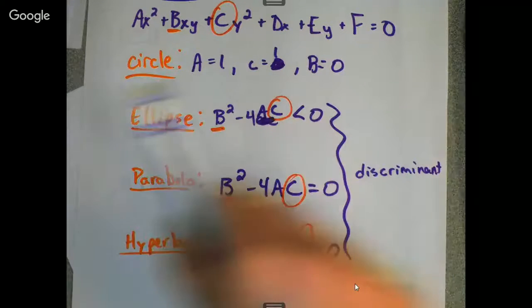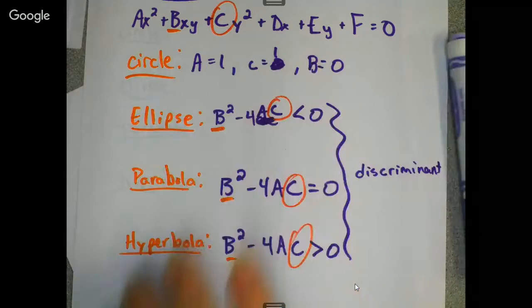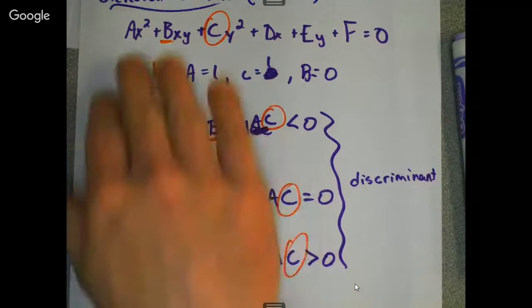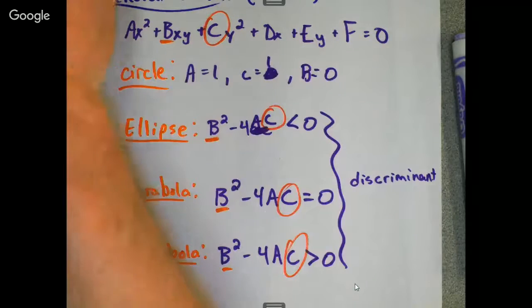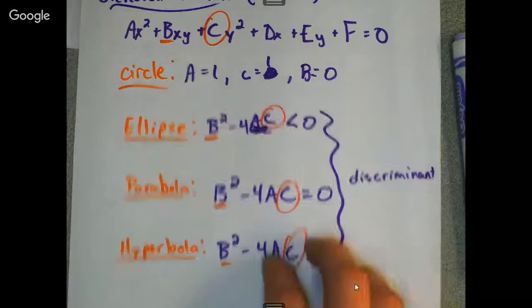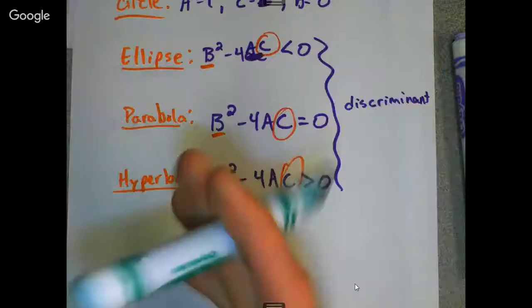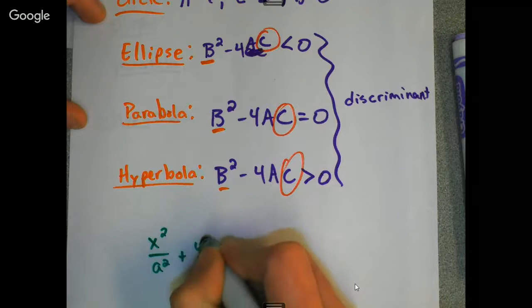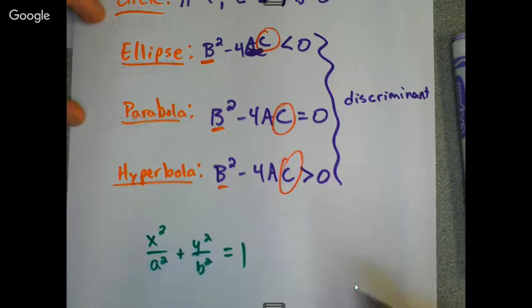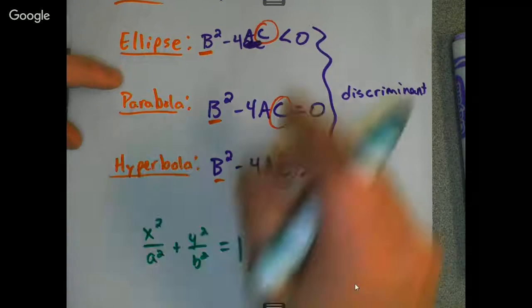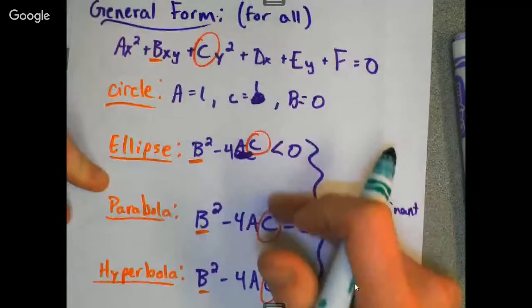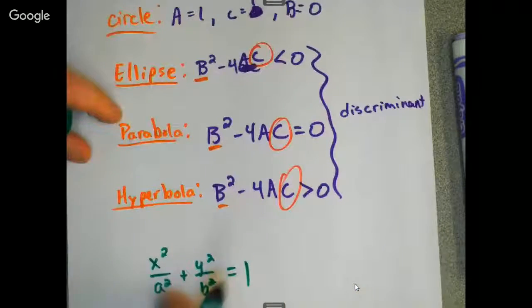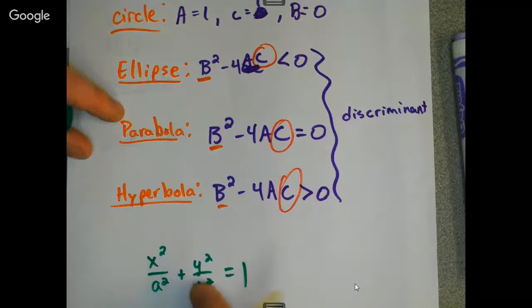So I use this to determine what kind of conic I have. I could give you a random equation that looks something like that. I give you that equation right there. I'm going to use these four items in this equation to determine what form this is in.